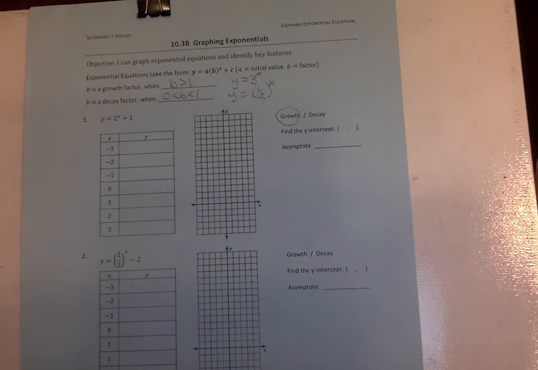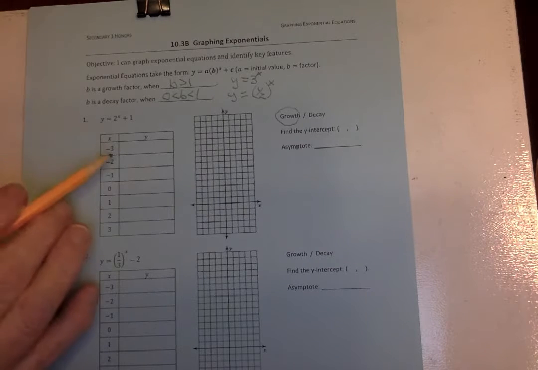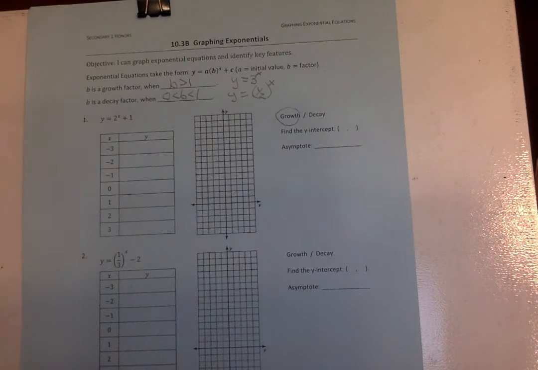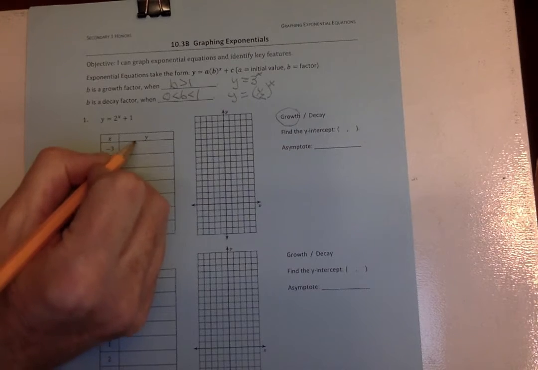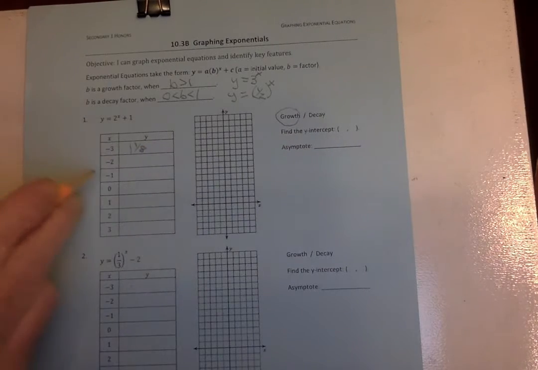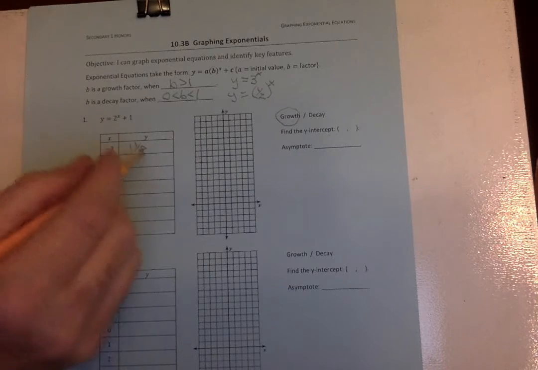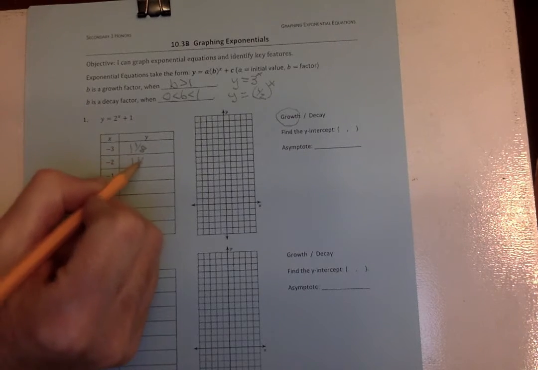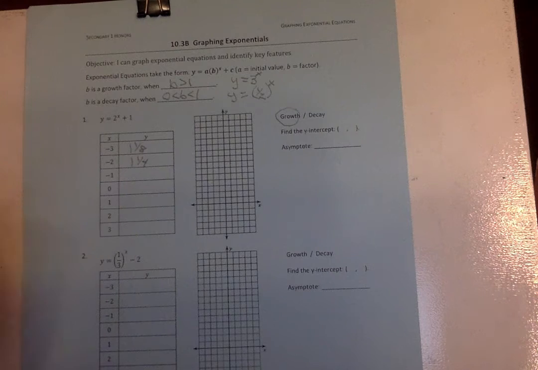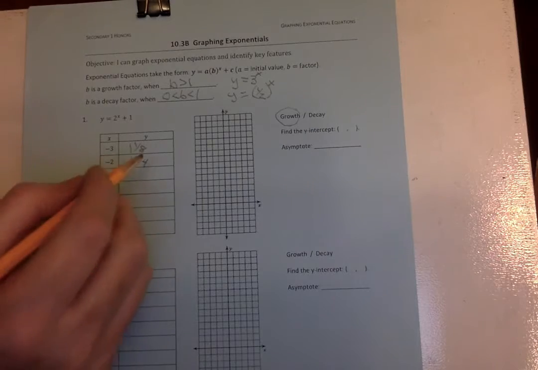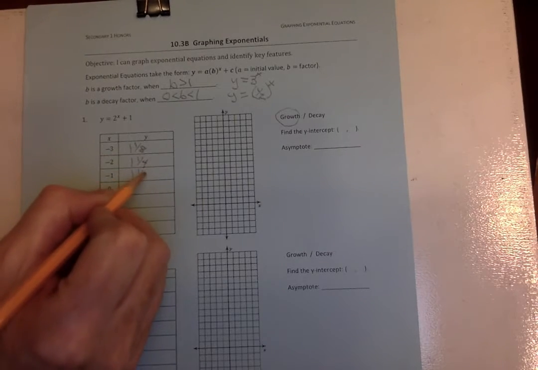So number 1, if I put -3 in for x, 2 to the -3 is 1/8 plus 1 is 1 1/8. If I put -2 in there, I get 1/4 plus 1 is 1 1/4. If I put -1 in there, 2 to the -1 is 1/2 plus 1 is 1 1/2.